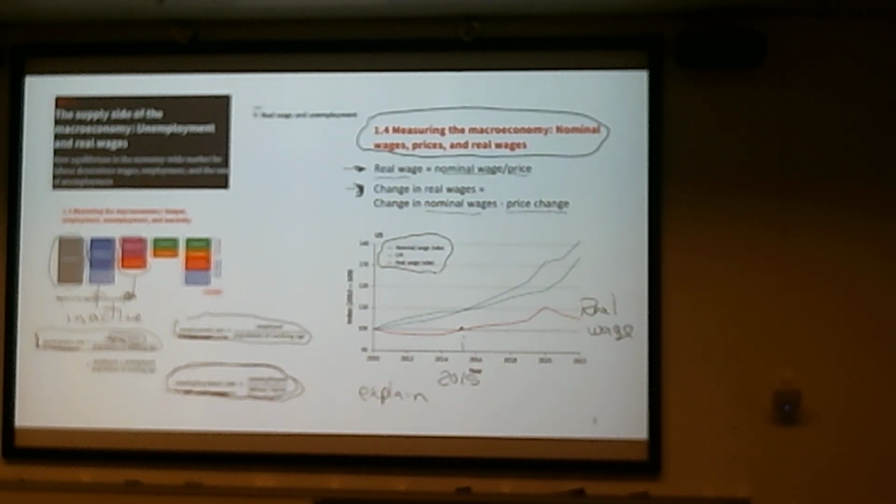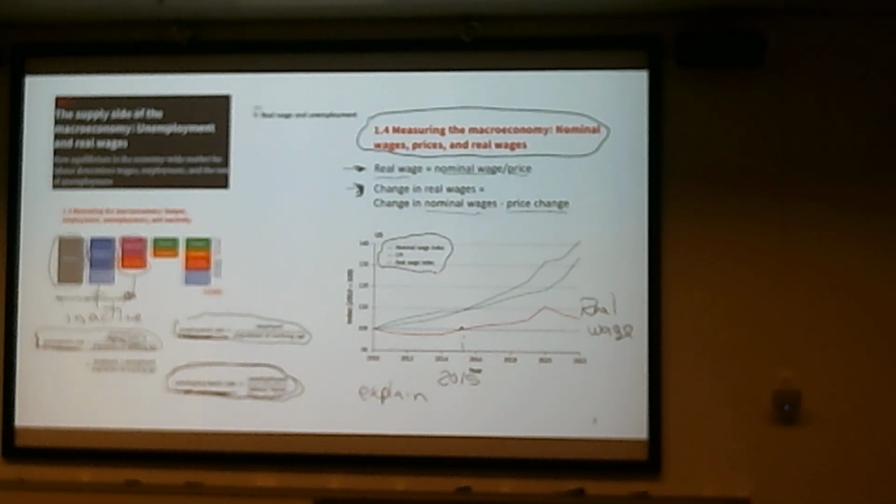Well, the real wage goes down. So the real buying power goes down. And what do we understand then? Well, the green one, that's the inflation, must be higher than the nominal wage increase.